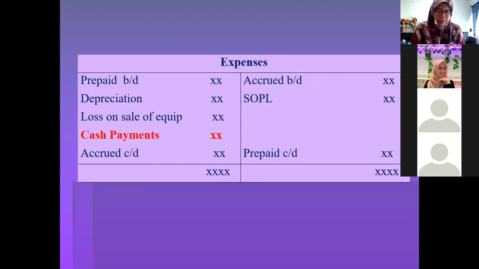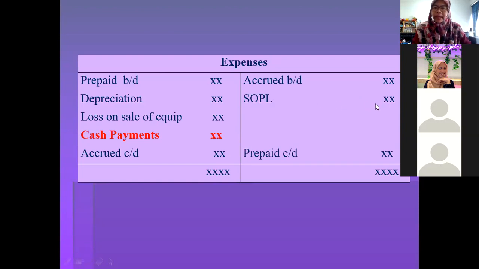Okay, dia kata kat situ operating expenses, ada depreciation, ada other expenses, ada loss on sale. Kita tahu depreciation does not involve cash. Loss on sale also does not involve cash. So apa yang involve cash? Only other expenses. So dekat sini, dekat SOPL ni, you cuma transfer 392,850. So you transfer only 392,850.